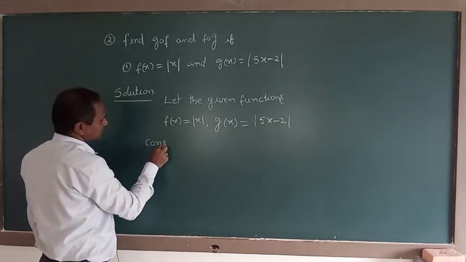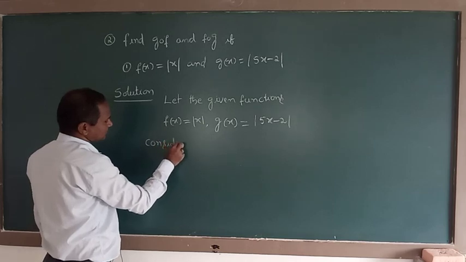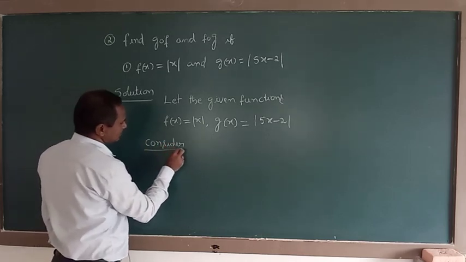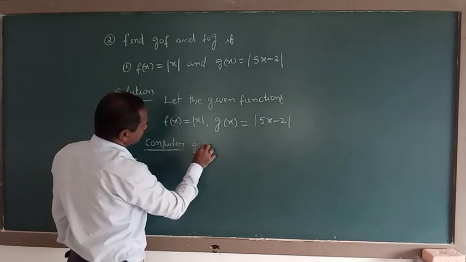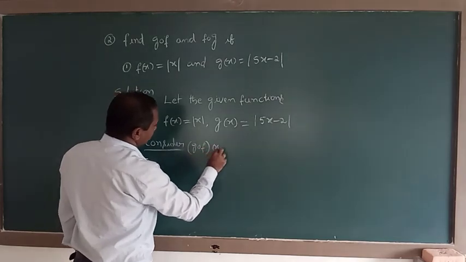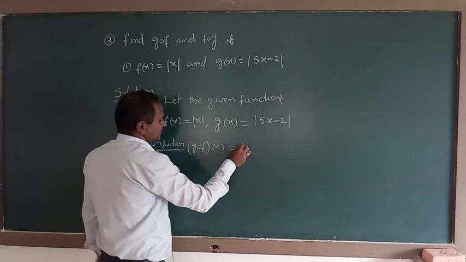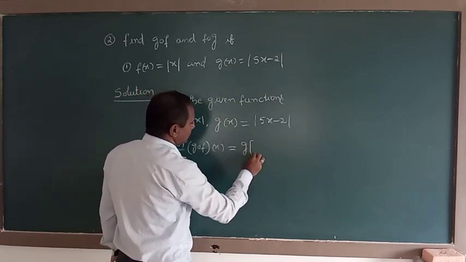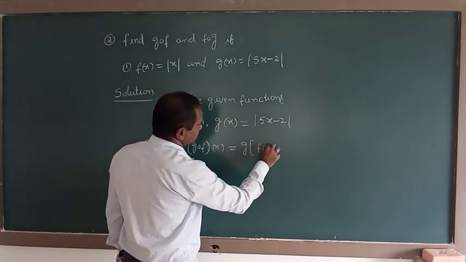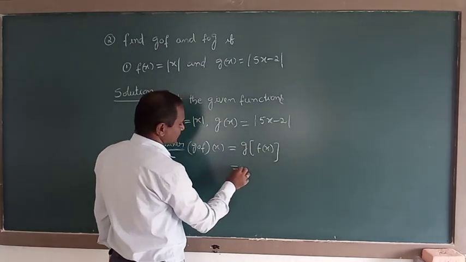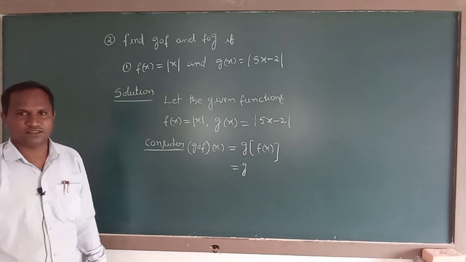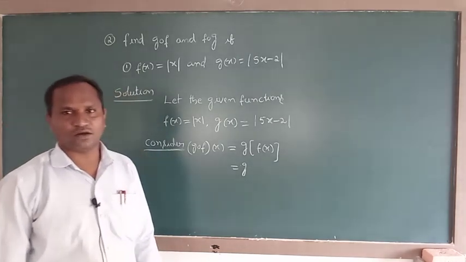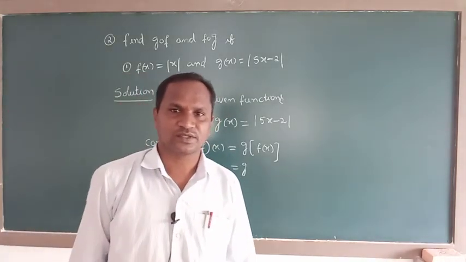Consider g circle f of x is equal to g of f of x. That is, the g circle f of x formula is g of f of x.